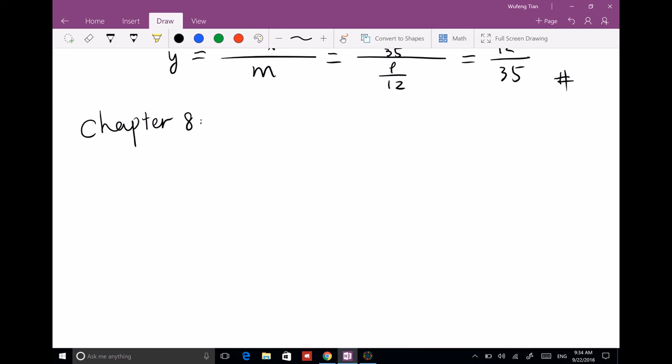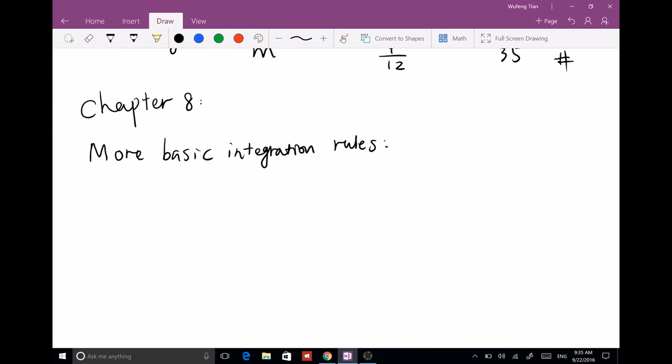Chapter 8. First, we're going to do some review as well, more basic integration rules. Okay, and first is tangent x: the antiderivative of tangent x equals negative ln cosine x plus c.